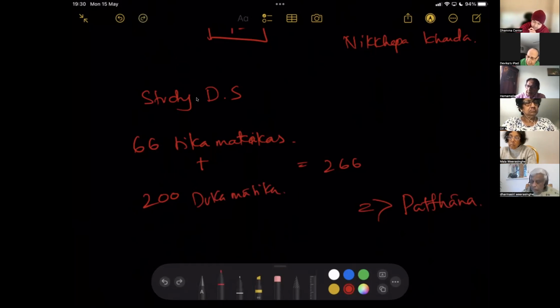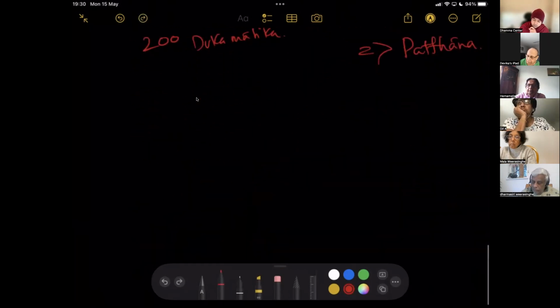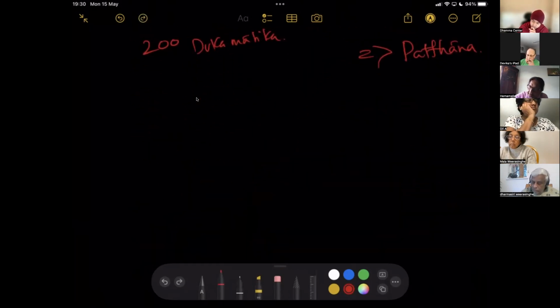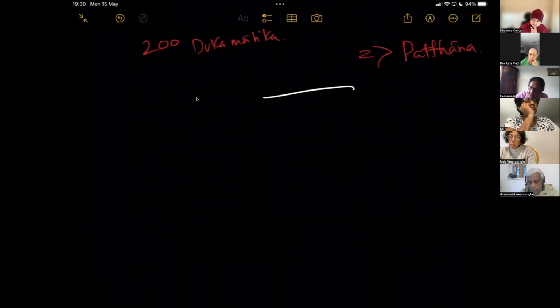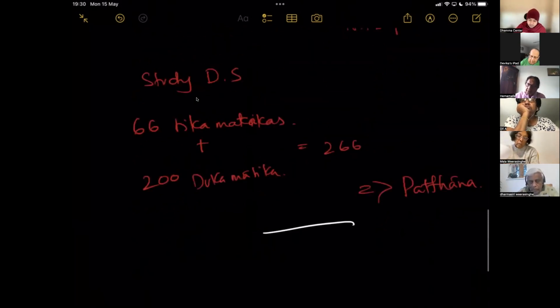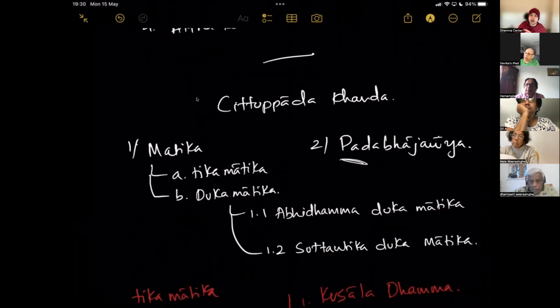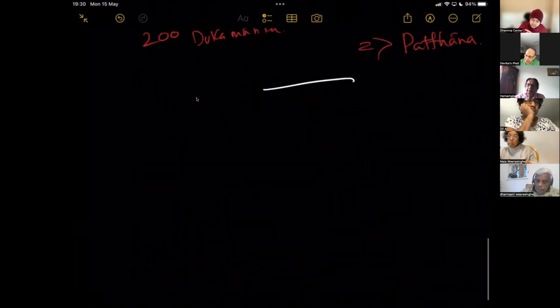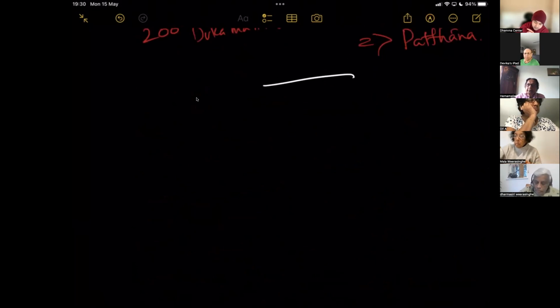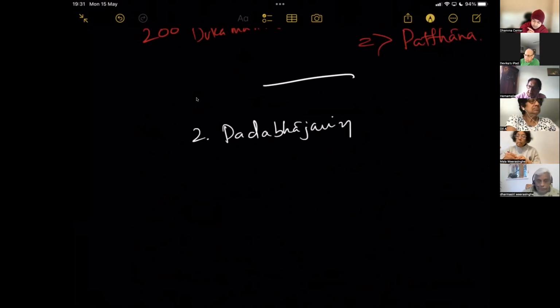To study the Dhammasangani, now we have gone over the Matika, and now we have number 2 here, the Padabhajaniya. Remember that one? So what is the Padabhajaniya?